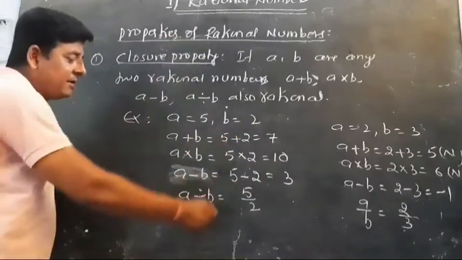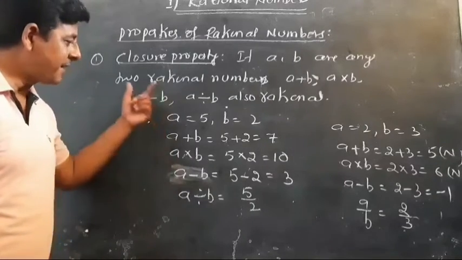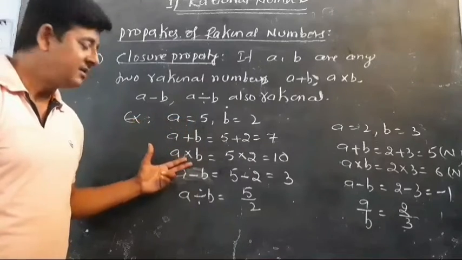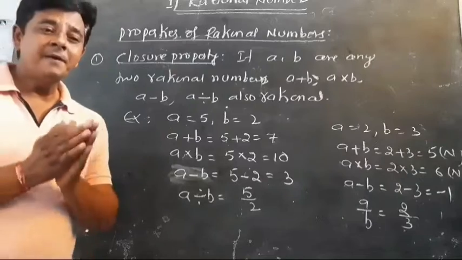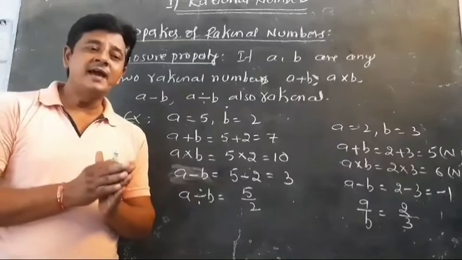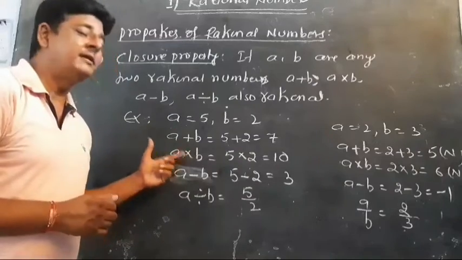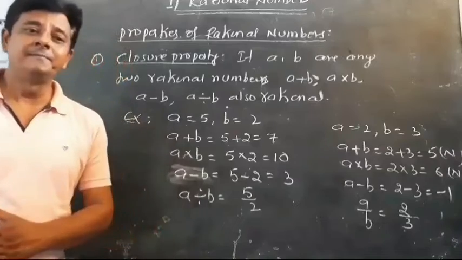Understand? For the rational numbers, closure property is applicable for addition, multiplication, subtraction and division. But for natural numbers and whole numbers, it is applicable only in addition and multiplication, not in subtraction and division. Understand?